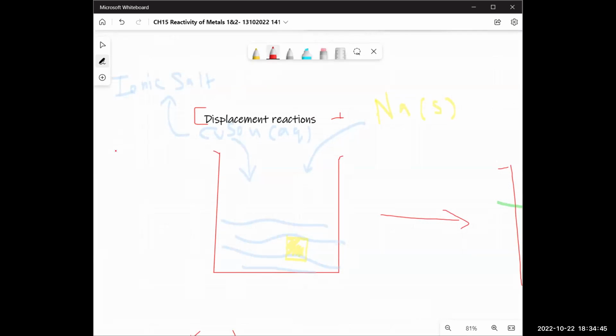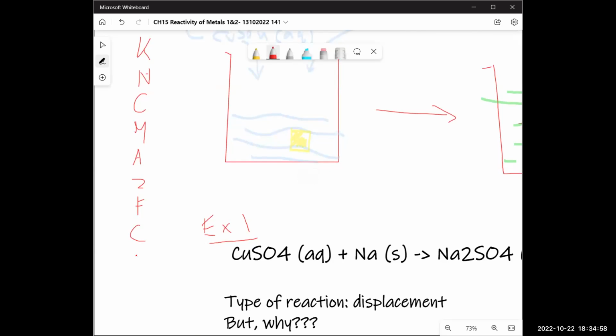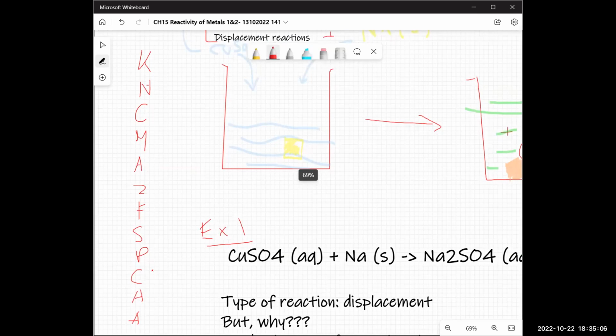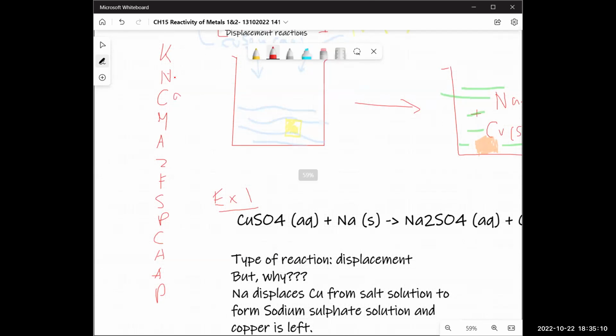If I write this for you, now this is the reactivity series. We have to use this to solve the questions.